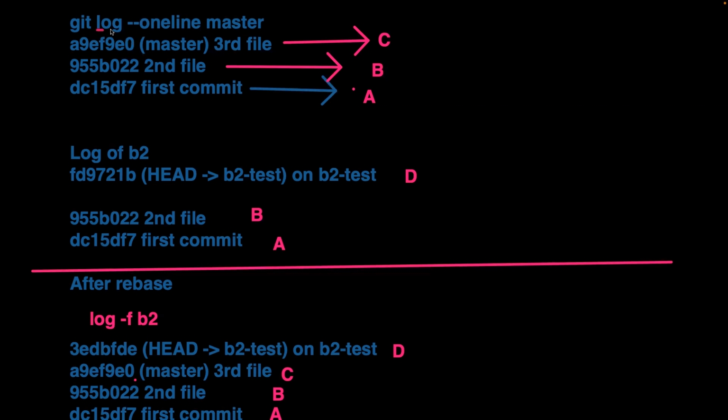Yes, this is the log of master. So why did the commit ID for D change, but not change for others? Only D's ID will change. See, these are exactly the same as master, right? But the D, the topmost one, is the one which should be changed, the one which is altering. Here the point is not that the ID is the same or different.